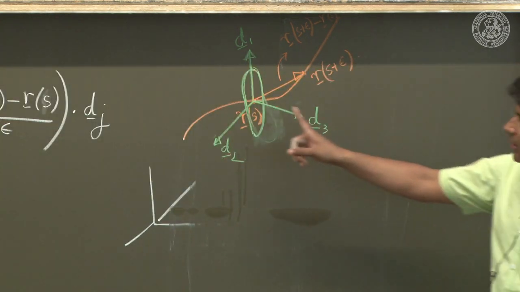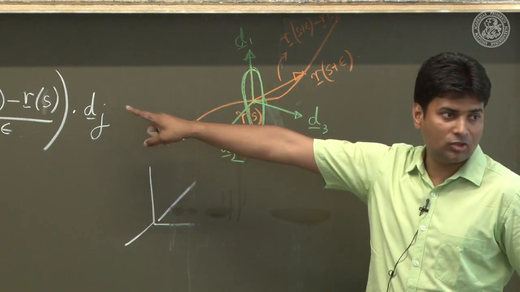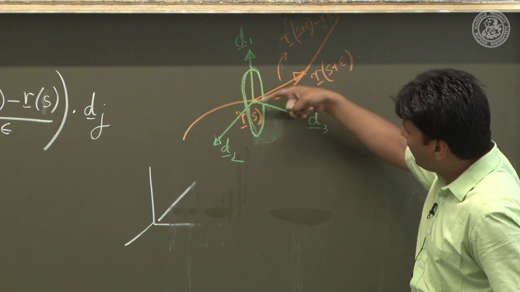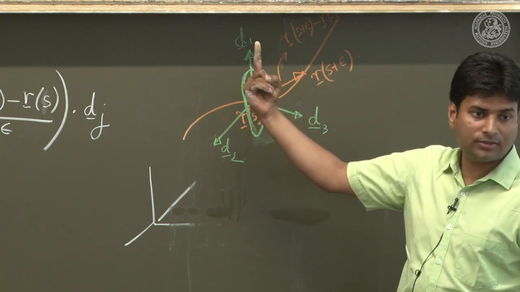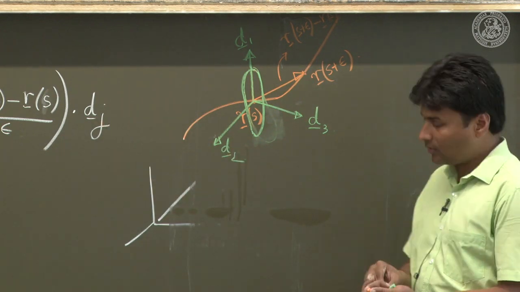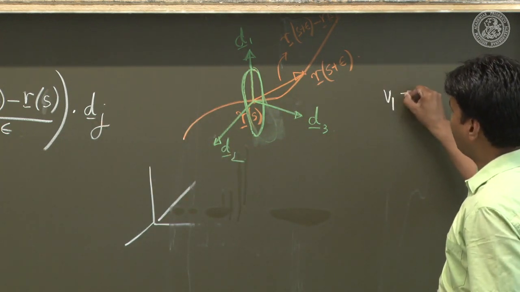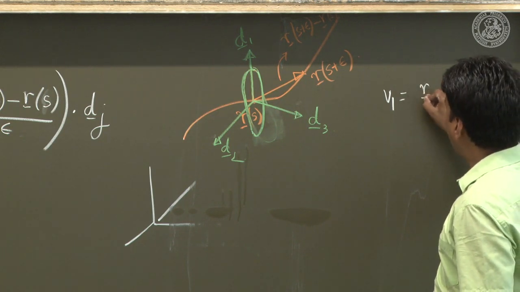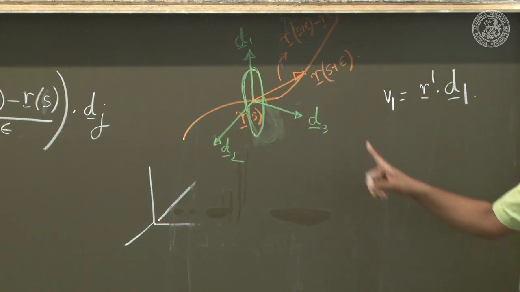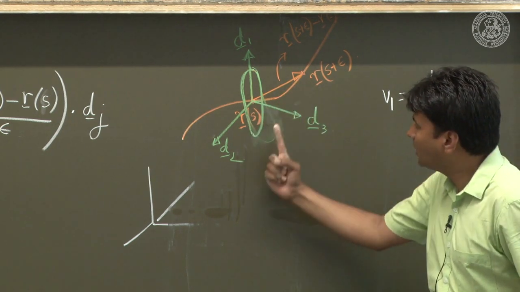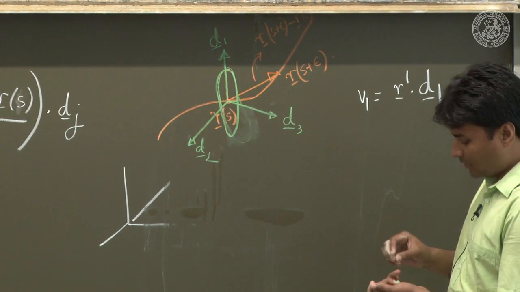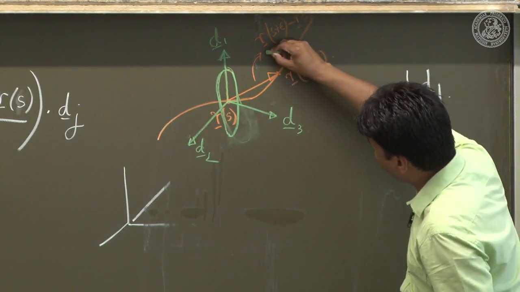Okay, and you see what's on the numerator: I take the projection of this along D1. Let's say I want to do it for j equal to 1. So V1, which is r prime dot D1. I want to take the projection of this along D1. And here is your cross section.